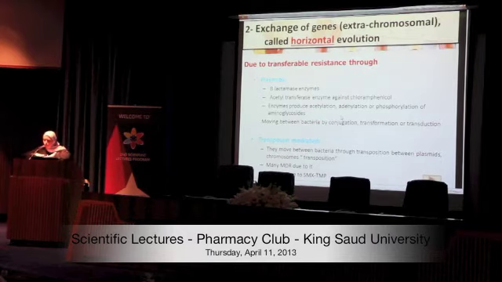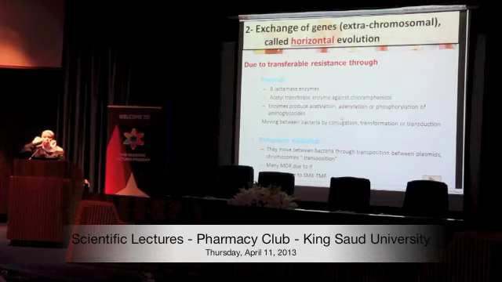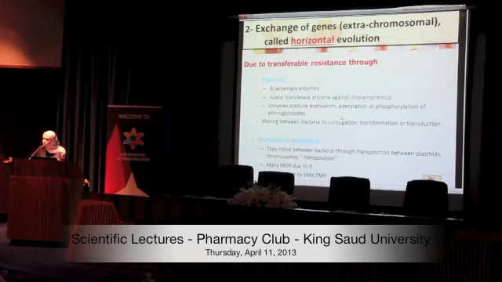Horizontal means within the same population. It's not vertical. Vertical means from the mother to her daughters and offspring. So the plasmid uses these ducts to transfer itself from one bacteria to another, and so on.